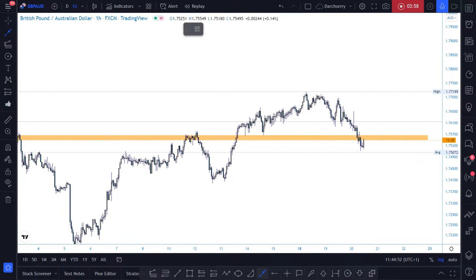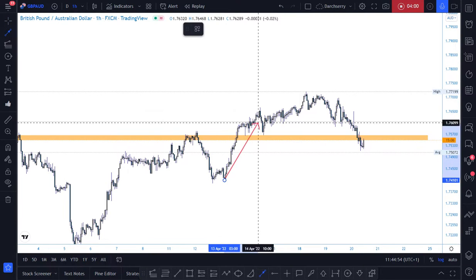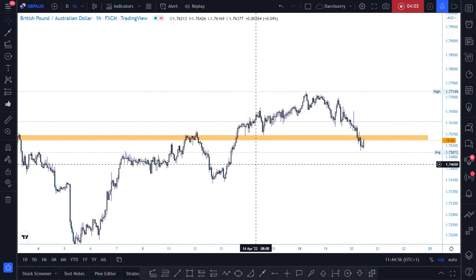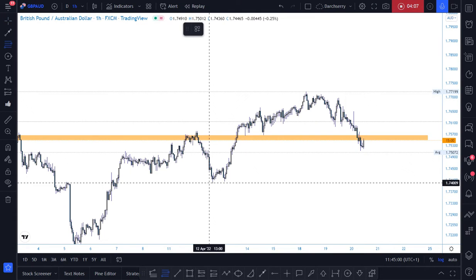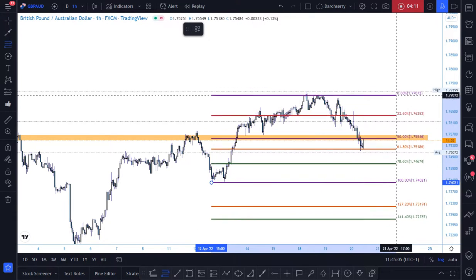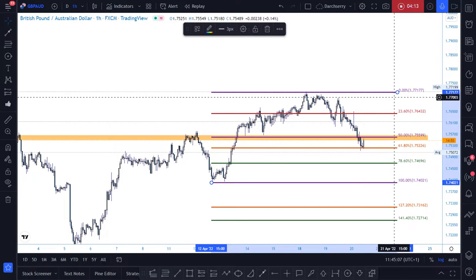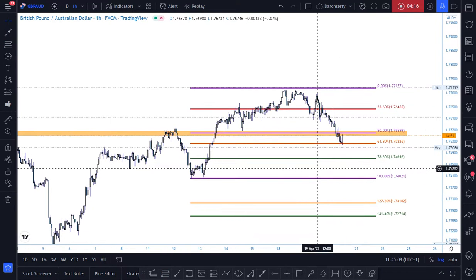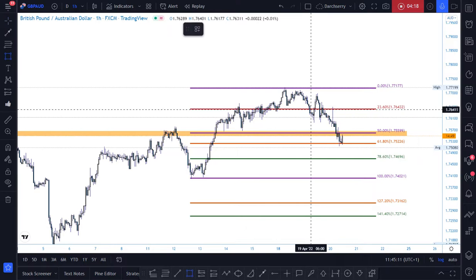If we take this second impulse leg here, we want to look for a retracement of that impulse leg. And if we pull out our Fibonacci extension tool, we will notice that the golden zone area falls right below that key level, which might probably be our new demand zone.